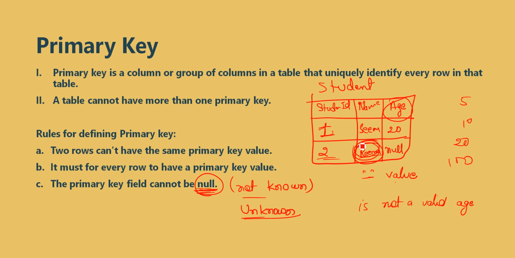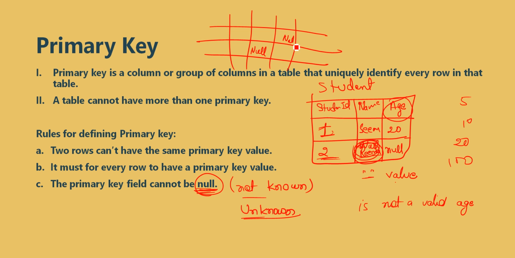I will store null here. I don't know the name of this student id, so I will store null. So in every column, when we do not know the value, instead of storing default values, I'll store null there. Null means I don't know.